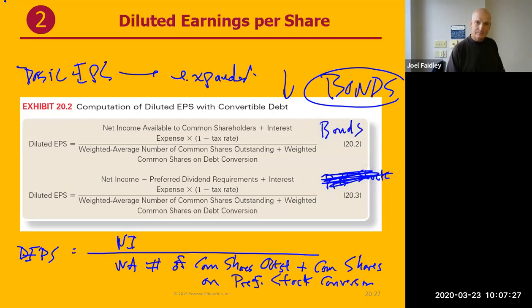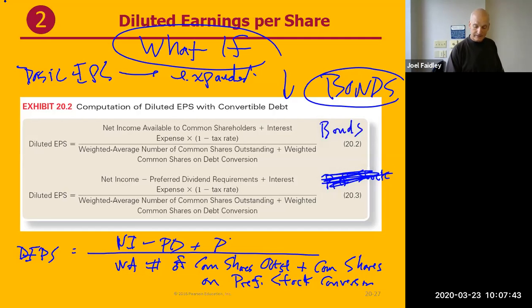See, you don't subtract preferred dividends because you don't have any preferred dividends anymore if it had been converted. Again, this is all what if. Not what did you do, what if? You're going to add back the preferred dividends because the net is zero.